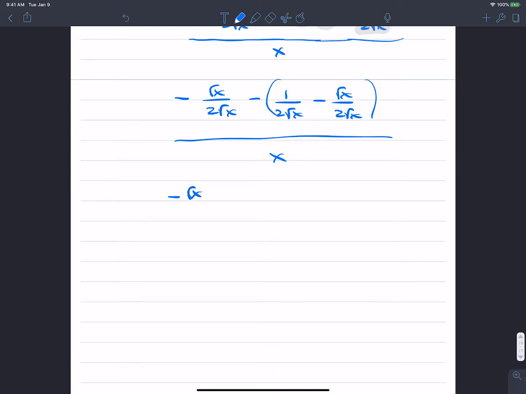Minus square root of x over 2 square root of x minus 1 over, let's get rid of the parentheses here. Minus 1 over 2 square root of x plus what? Square root of x over 2 square root of x. Everything over that x.